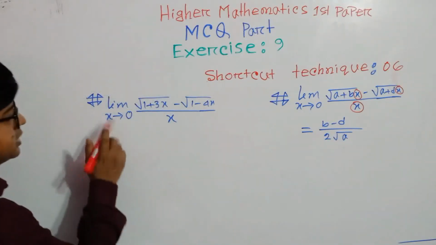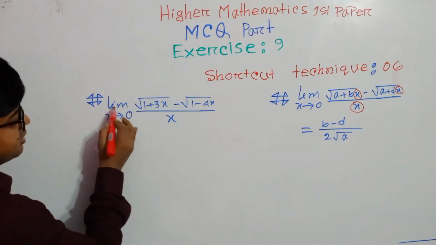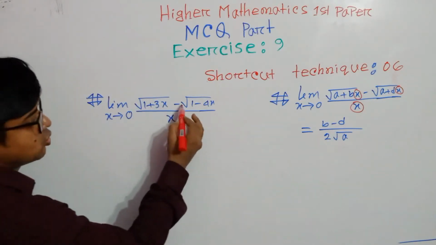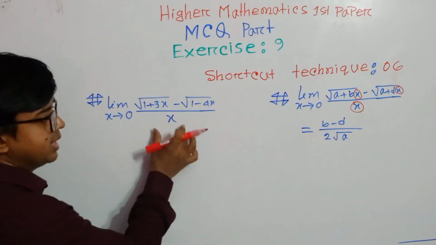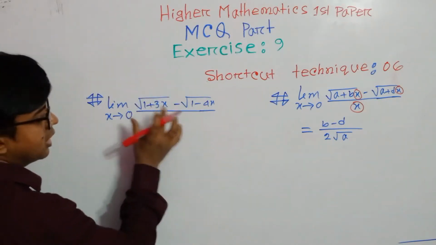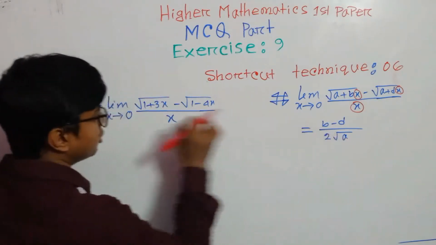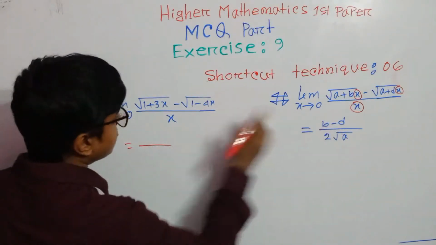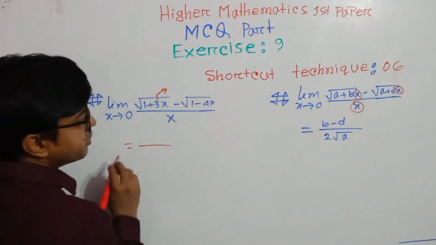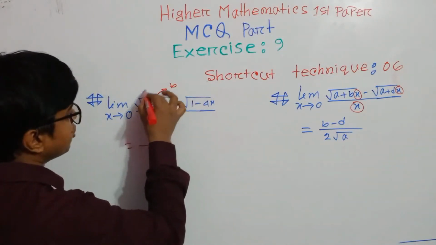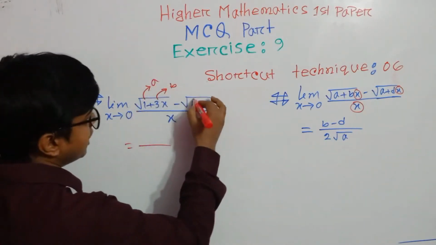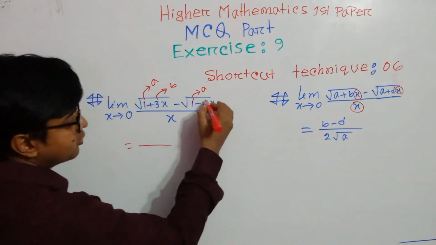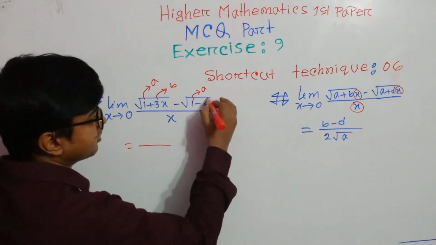Here look at this. For this type of math, limit x tends to 0, (square root of 1 plus 3x minus square root of 1 minus 4x) by x. So now we can apply this formula on this math. Suppose 3 is b and 1 is a, and here minus 4 is d.